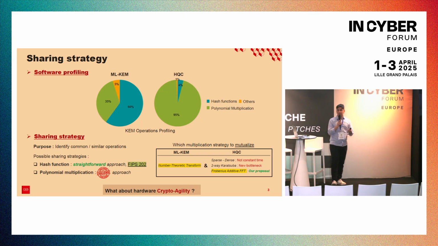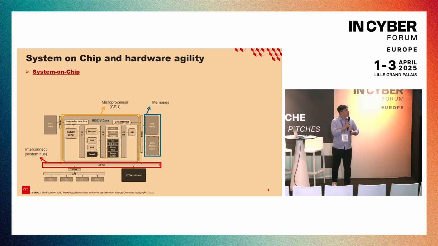At this point, we have identified the sharing strategy, and the question is how to implement this sharing strategy in hardware. We can put ourselves in a system-on-chip scenario, where the system-on-chip basically combines different components, different modules, inside a single integrated circuit. These modules can be, for example, the microprocessor, which is in charge of executing the instructions, and the memory, which keeps the instructions and the data to be processed.